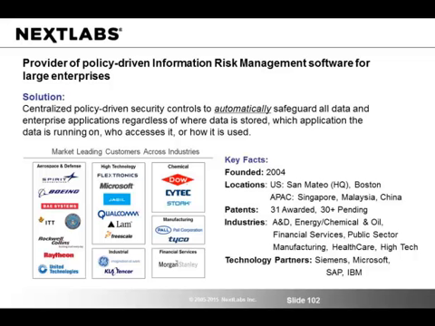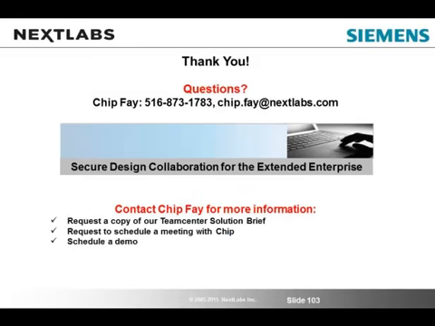Our focus is on data protection and data security, and we partner with Siemens, and we're extremely happy to have this partnership so that we could develop this integration with Teamcenter to be able to automatically protect files inside Teamcenter and make sure the sensitive information is protected going forward. Siemens engineering team and the NextLabs engineering team are working together very closely to develop new features for the product, and we'll be releasing those later this year.